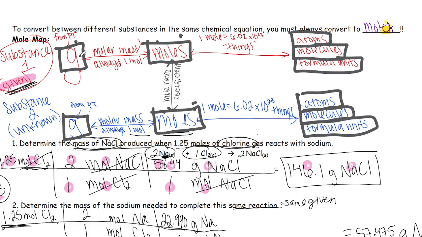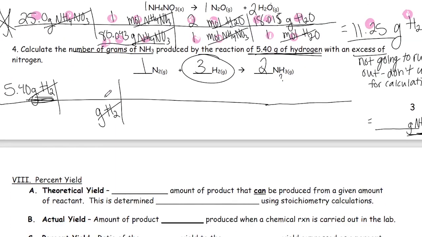Moles of that same substance. So from grams of anything, you can go into moles of that same thing. There is nowhere else that you can go from grams. So if you are in grams, then no matter what, your next step is going to be moles of that same thing. Oops, gotta change my pen.